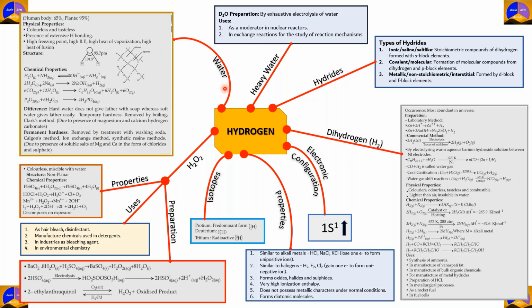After looking into water, we will move on to H2O2, which stands for hydrogen peroxide. We will look at the properties of hydrogen peroxide, its uses, and above all, its preparation. So after dealing with hydrogen peroxide, we will move on to the final topic, which is heavy water. We will look at its preparation and its uses. So that would be the basis on which I'm going to talk in this video.